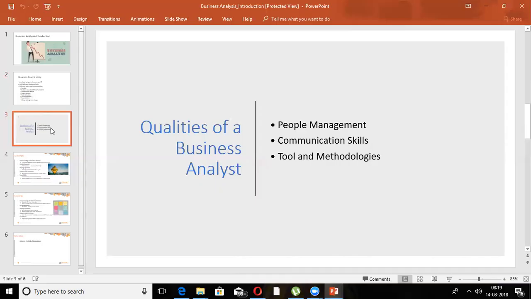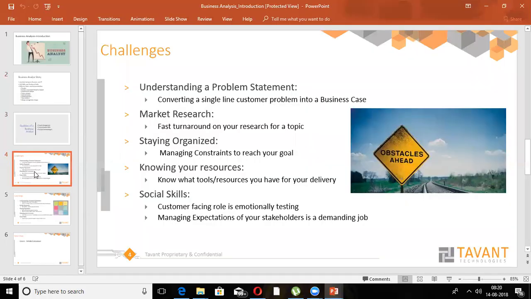You meet a lot of people, you talk to them, and you understand information from them. If you're very good at building rapport, connecting with people, and getting information from them, that is the quality of a very good BA. So people management and communication skills are the major skill sets of a BA. That's what I wanted to highlight there.